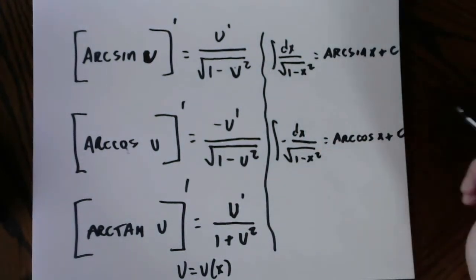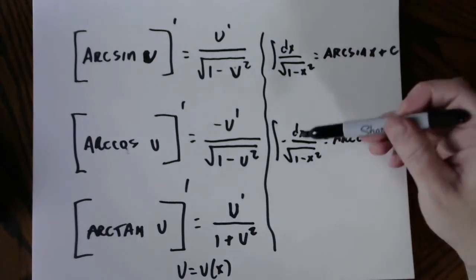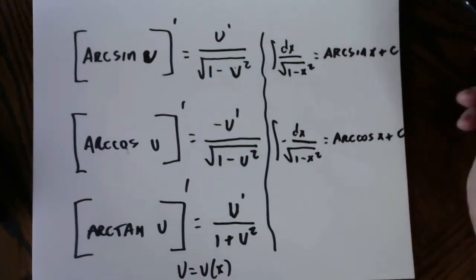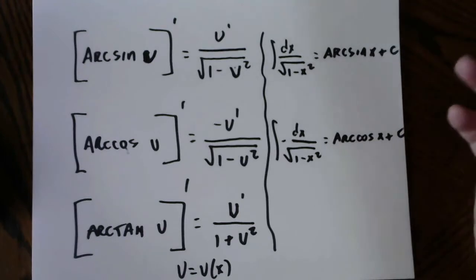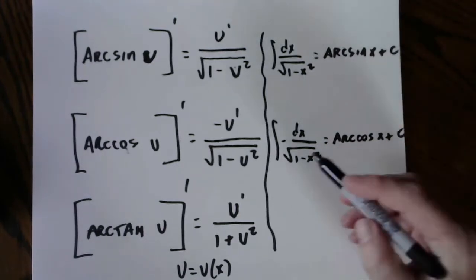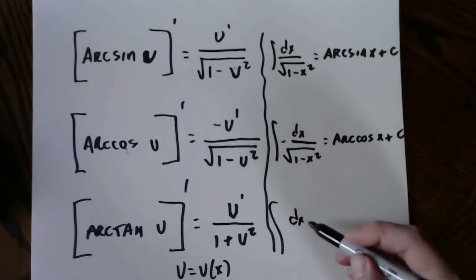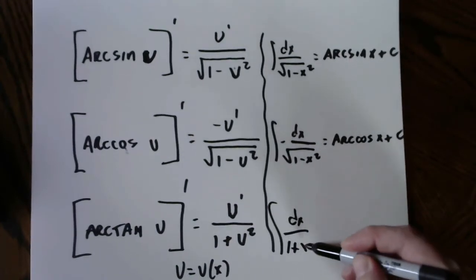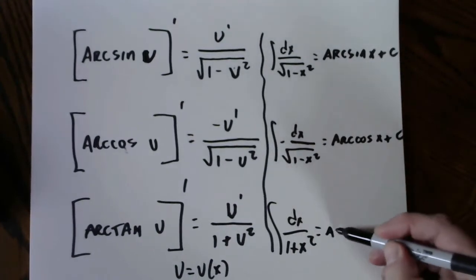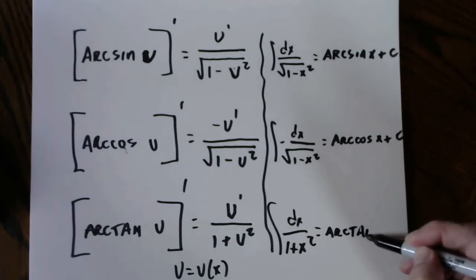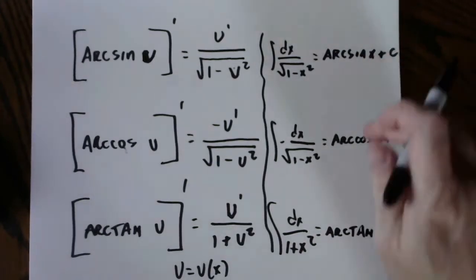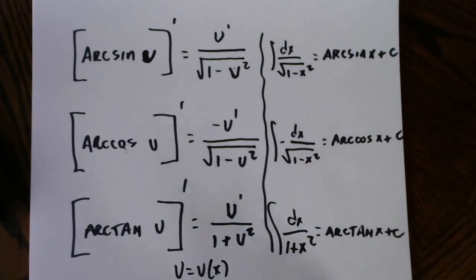So you might ask yourself, why can't I say this is negative arcsine? You can. If you think along those lines, you're fine. Sometimes I don't mention that because I don't want to confuse people, but someone always asks. So 3 new antiderivative rules for integration, 3 new derivative rules for derivatives.